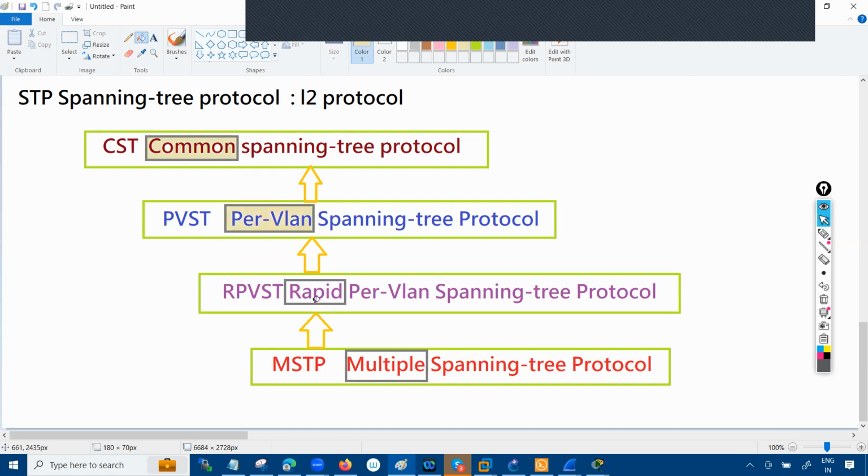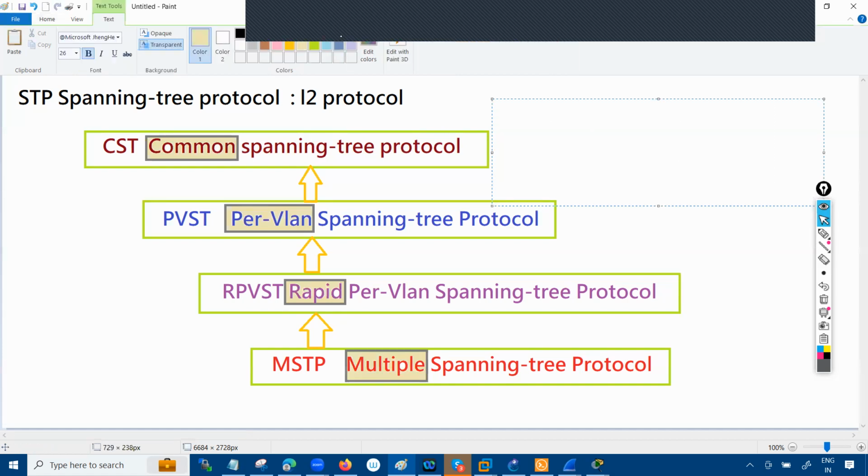Common means, he's saying that for all VLANs we have a single spanning tree instance. Here, the meaning of instance you can understand this way: it's talking about the algorithm.